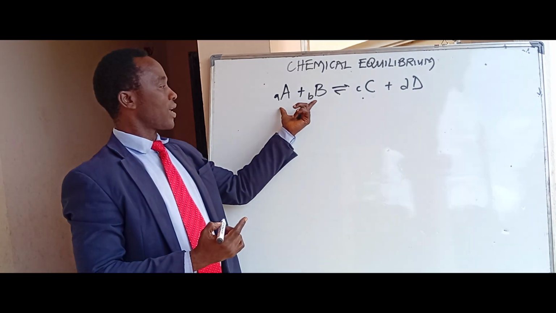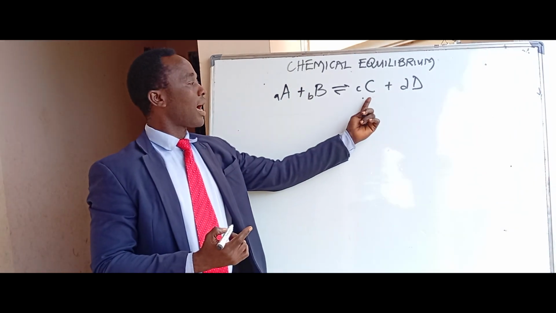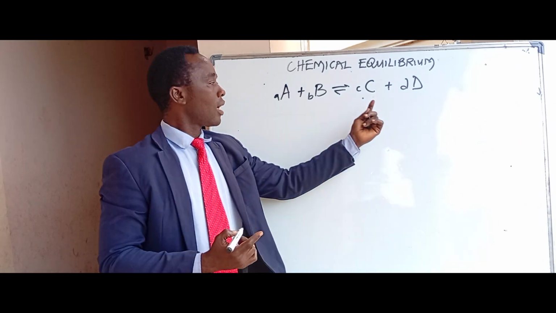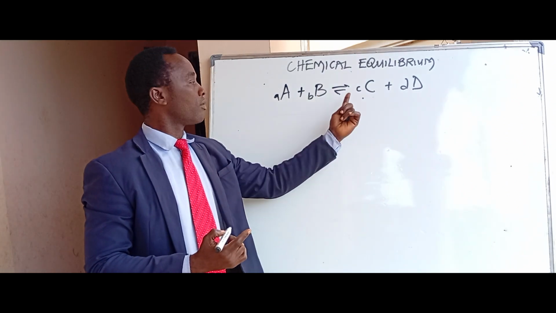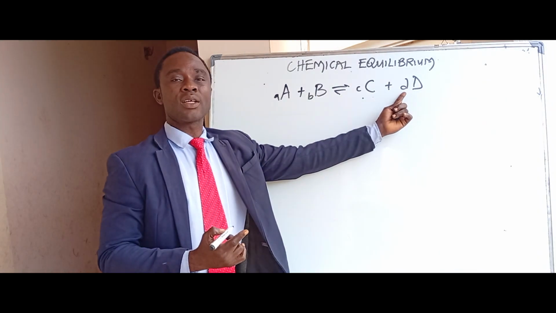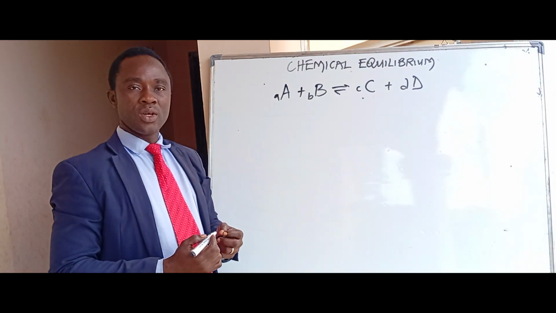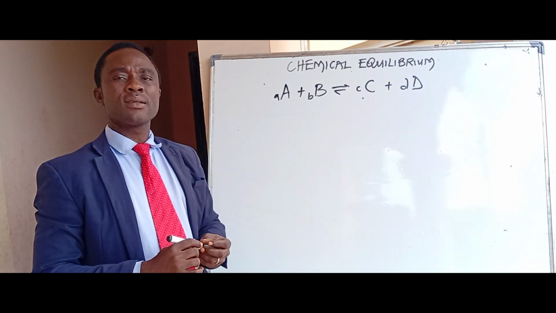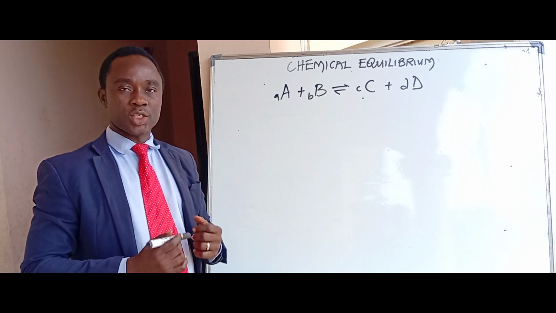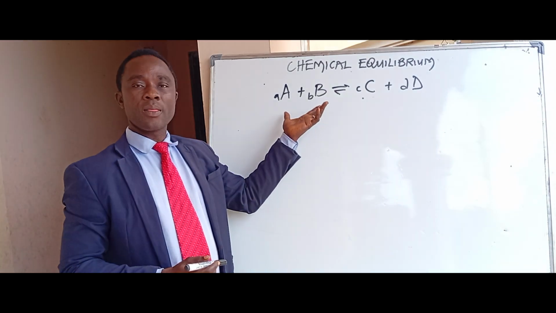And this reaction produces products which are C and D, having stoichiometric coefficients small c and small d.